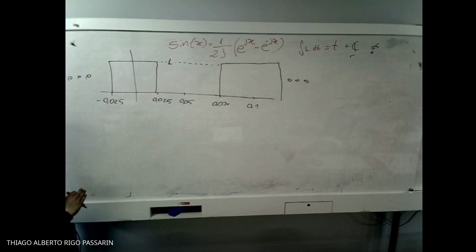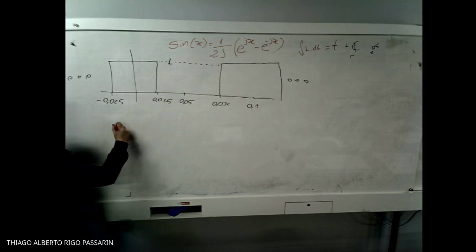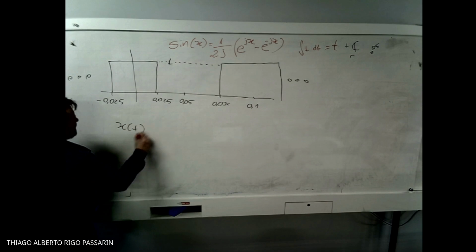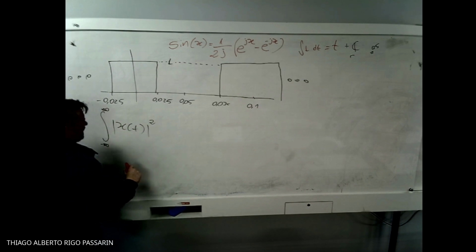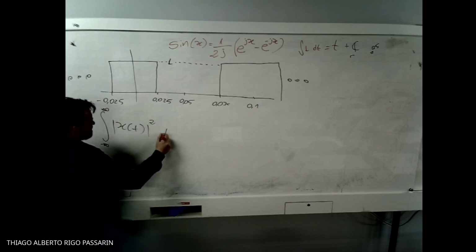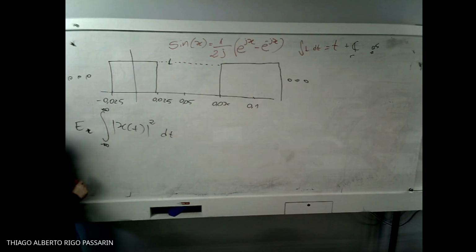We can draw some relations with electrical engineering. So the energy of a signal is the absolute value, I square the absolute value, I integrate, this is the energy of a signal, Ex.